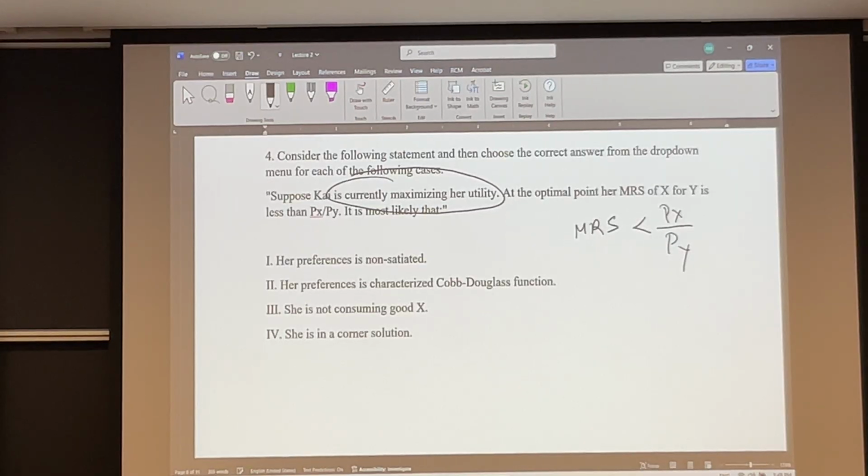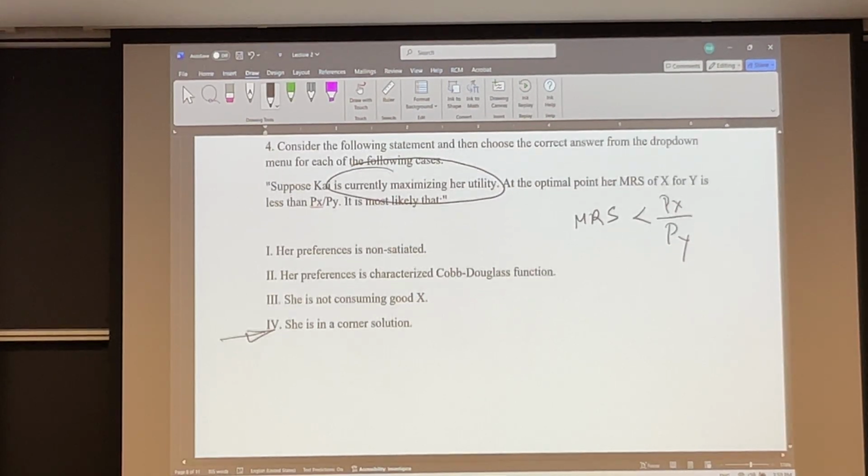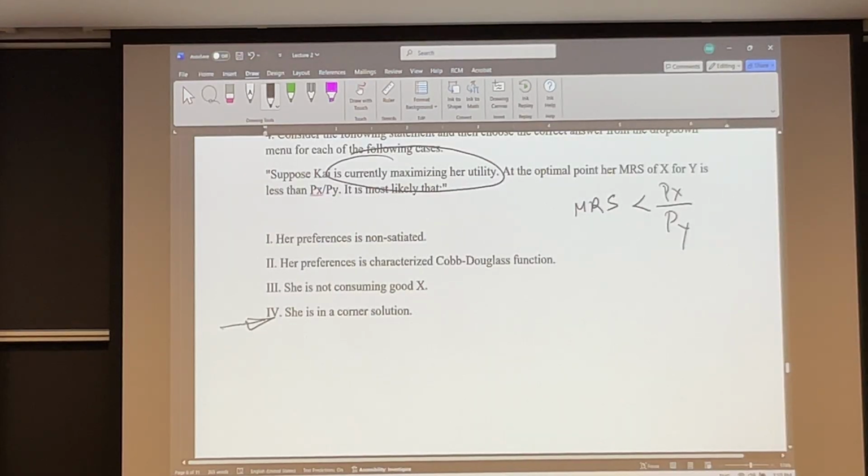What do we call this? That's the definition of a corner solution. You're doing your best, but you cannot satisfy the tangency condition.